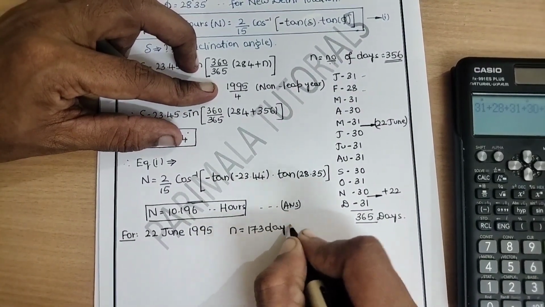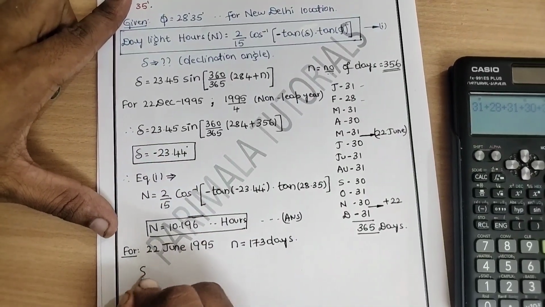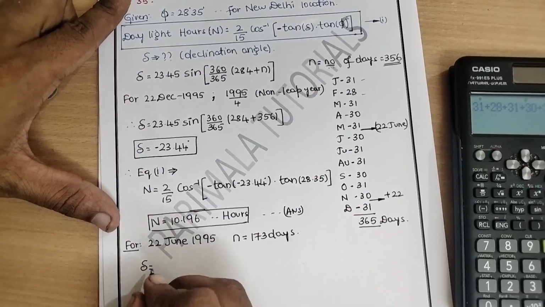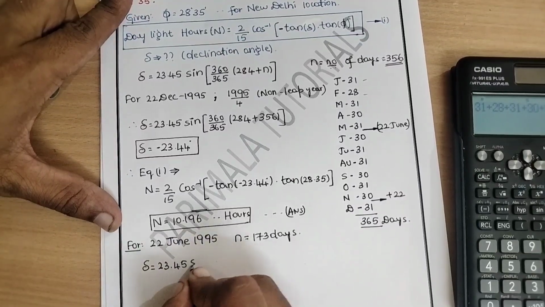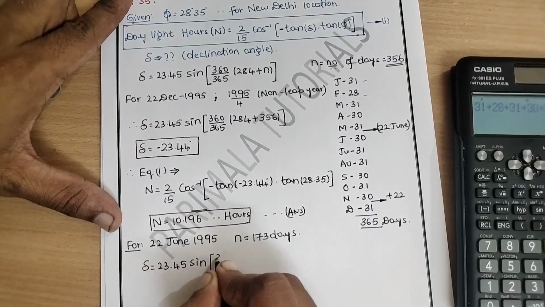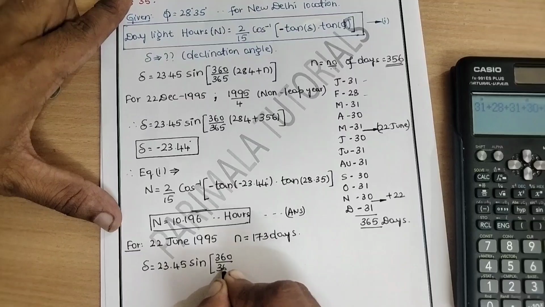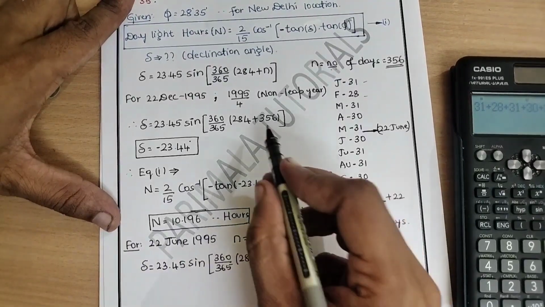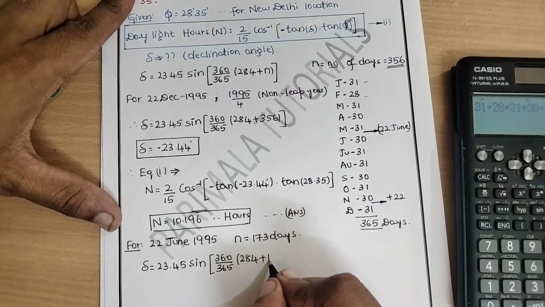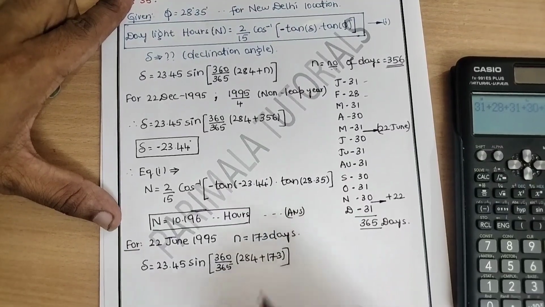Hope it is clear. Yes, let us make use of once again the declination angle delta. The same equation, no change in the equation. 23.45 sine of 360 divided by 365 into (284 plus number of days). Number of days is equal to 173.